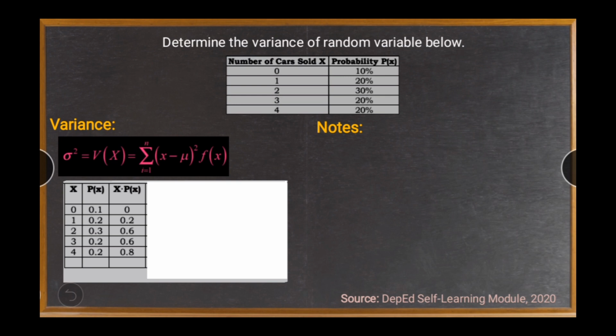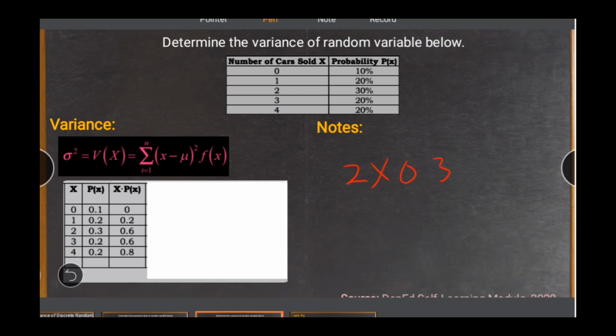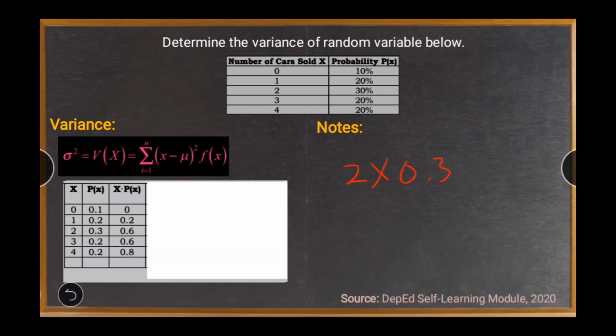And then 2 times 0.3, we have 2 times 3 is 6, so 0.6.